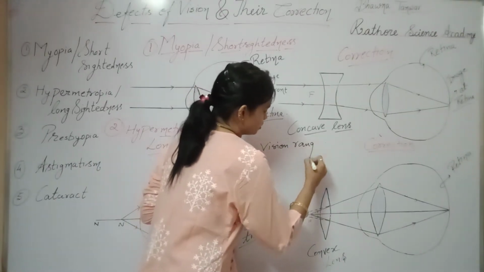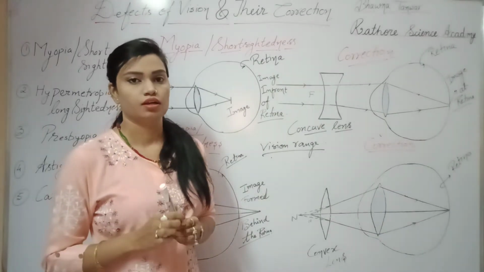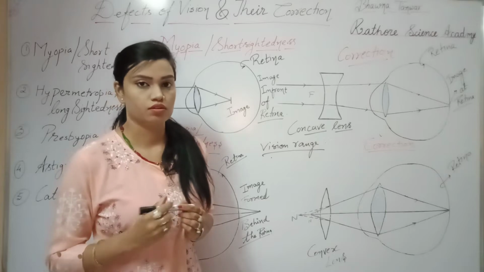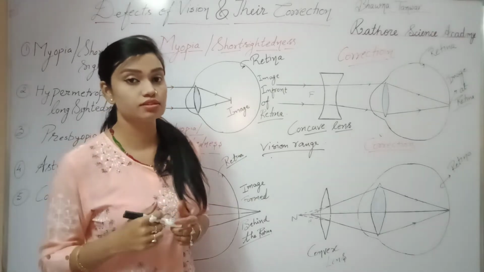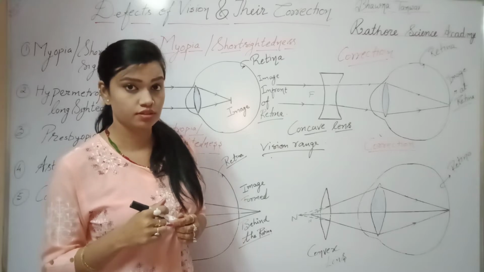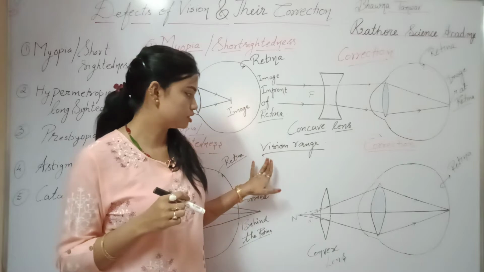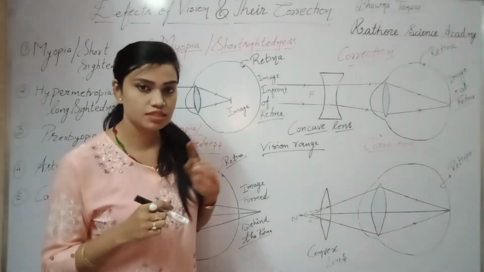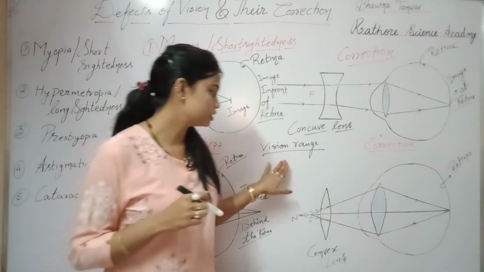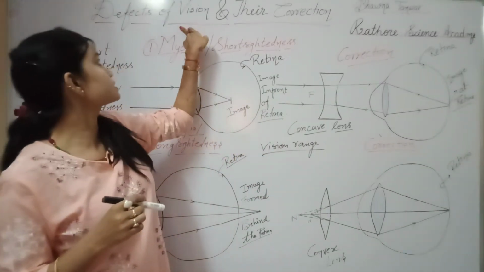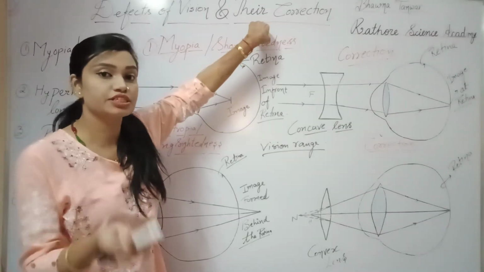If a person is not able to see properly, then there is a defect, an abnormality. If the person is not able to see in between these ranges, there is a vision defect, which we will discuss in this topic, defect of vision and their correction.